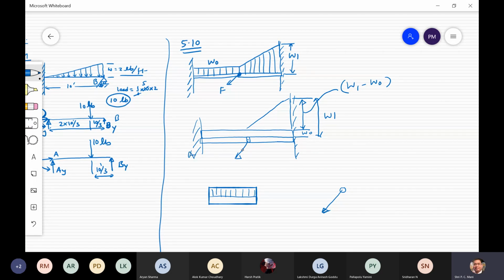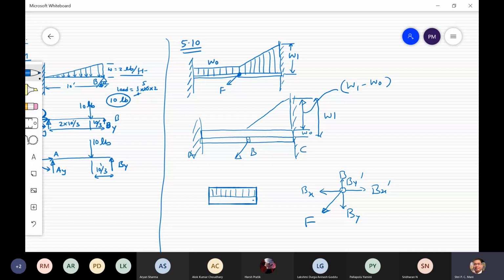This one is A, this one is B, this one is C. So I am saying this B, so it will be like this. This one is Bx, Bx prime, By, and By prime, and this is F.